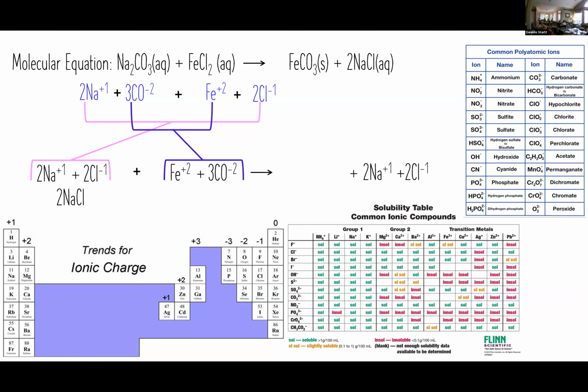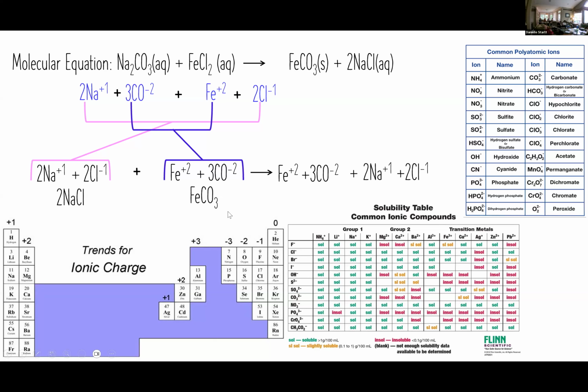When you're naming an ionic compound, you always name the metal first, right? It's not chloride sodium, it's sodium chloride. So it's going to be iron what? Iron what? Carbonate. Iron carbonate. Very good. All right, so then you write it over there on that side. You're like, okay, looking good. How do we combine that?